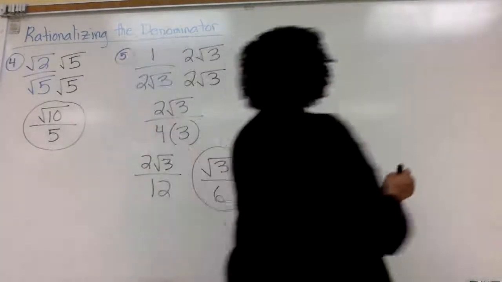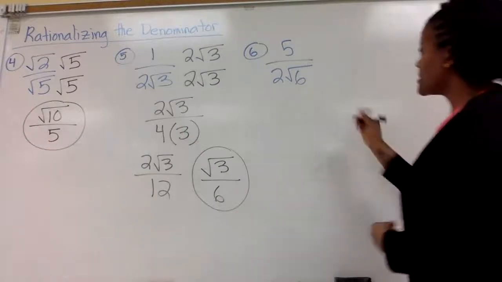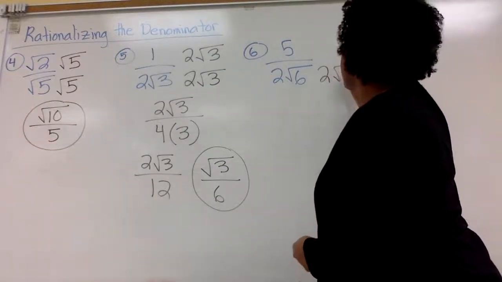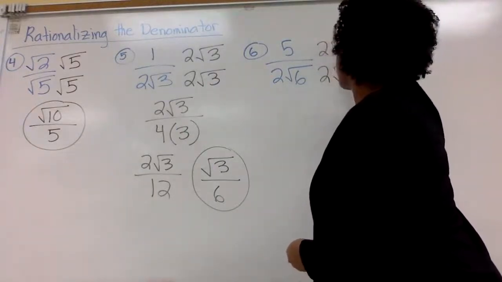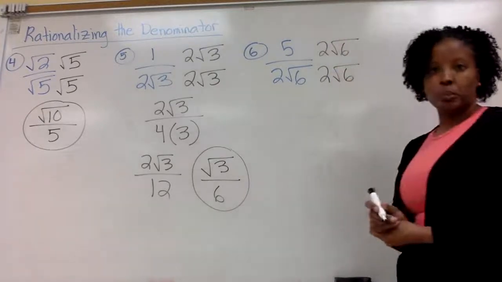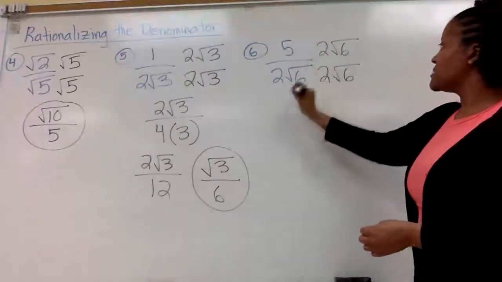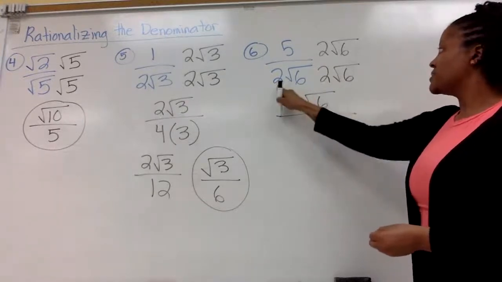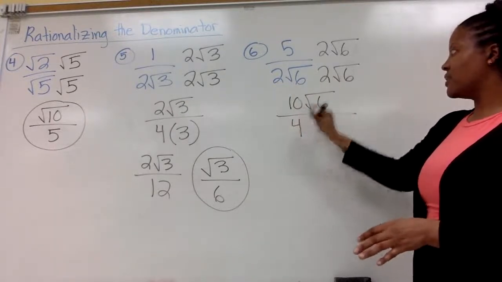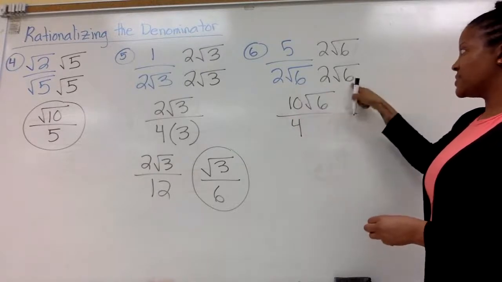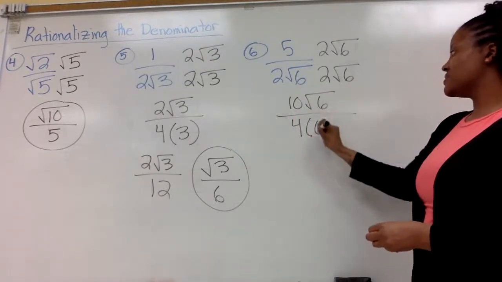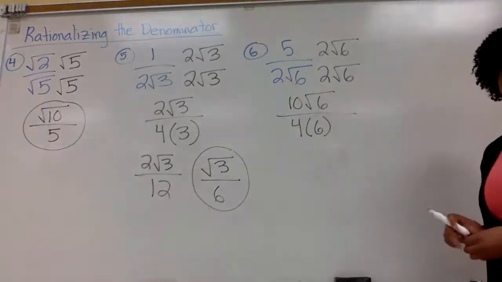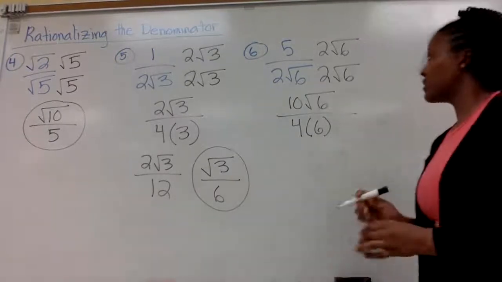All right, last one. On number 6, multiply the top and bottom by 2 square roots of 6. 5 times 2 is 10. Bring down the square root. 2 times 2 is 4. The square root of 6 times the square root of 6 is 6. Okay.